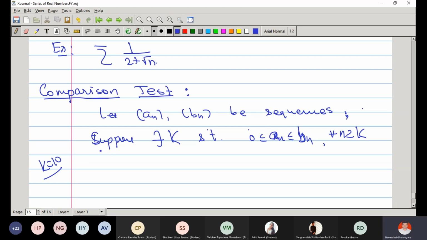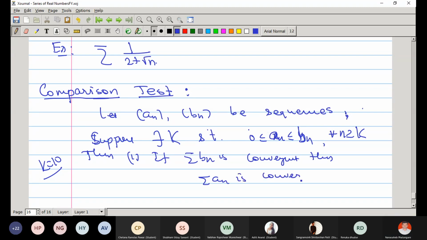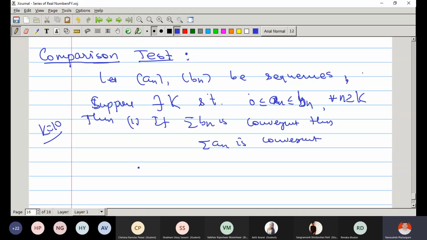So then, if series b n is convergent, then series a n is convergent, right? And the second conclusion: if series a n is divergent, then series b n is divergent.